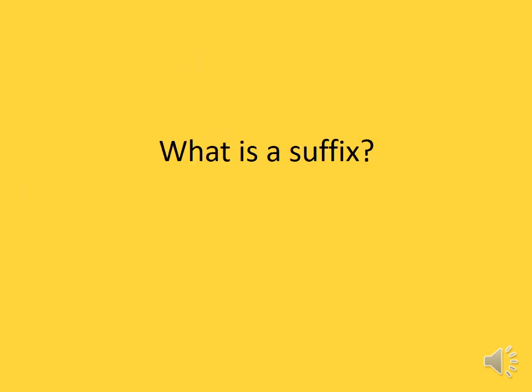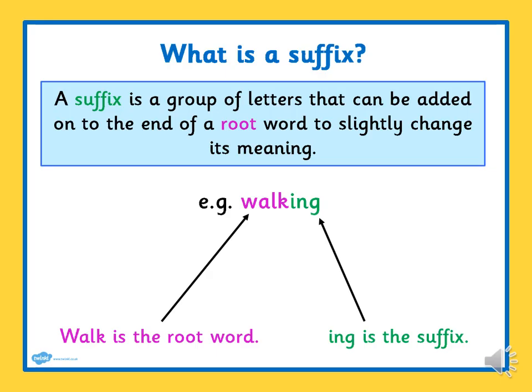Okay, so what is a suffix? What do you think a suffix is? Have a guess. If a prefix goes at the beginning, what do you think a suffix is? Write it on a piece of paper or just say it to yourself. Okay, well done. A suffix is a group of letters that can be added onto the end of a root word to slightly change its meaning.